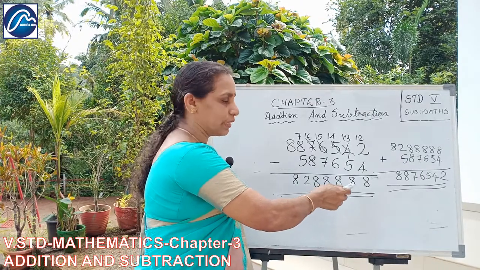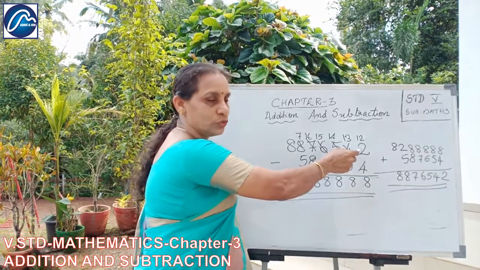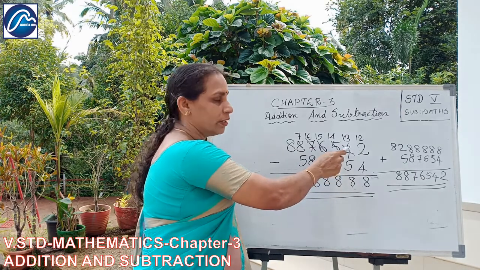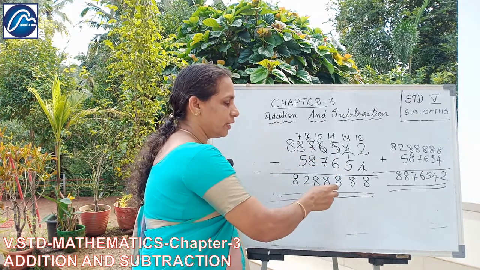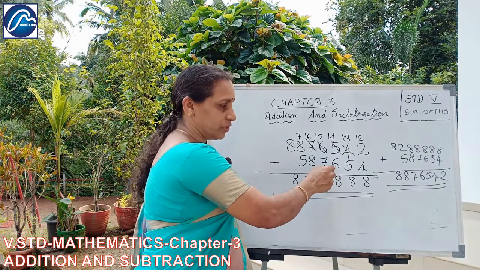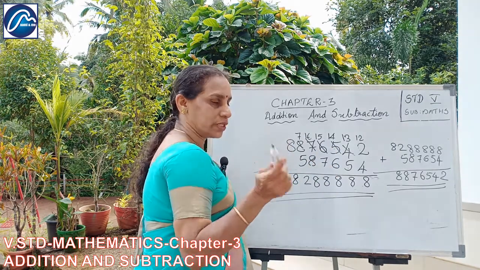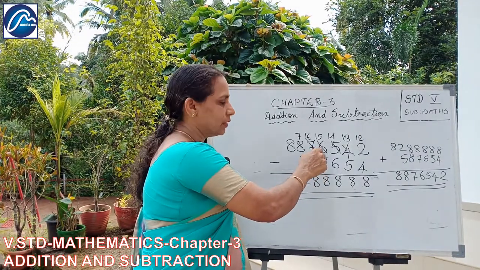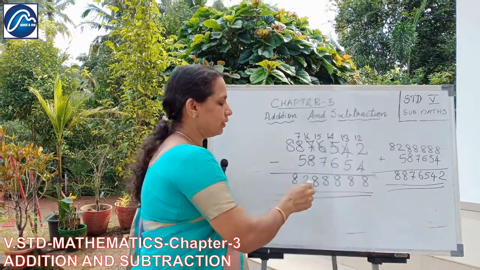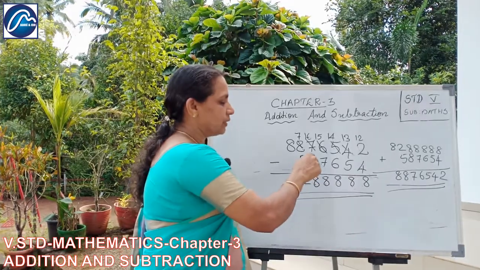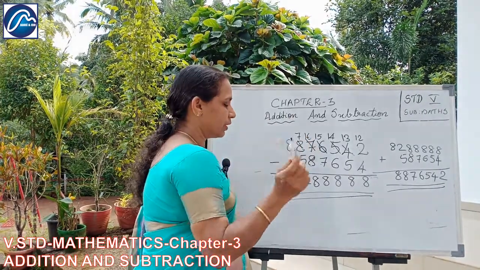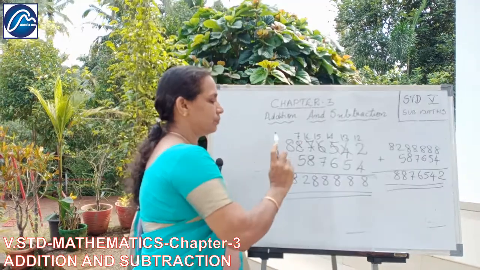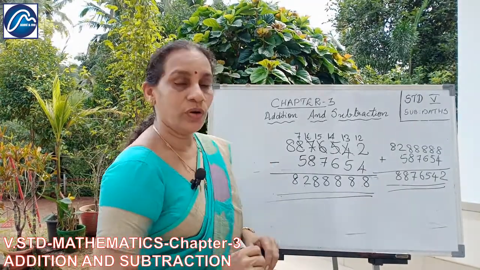That means mental maths. 8 plus 4 is 12, 2, 1 remainder. 8 plus 1 is 9, 9 plus 5 is 14, 1 remainder. 8 plus 1 is 9, 9 plus 6 is 15, 5, the 1 remainder. 8 plus 1 is 9, 9 plus 7 is 16, 6, the 1 remainder. 8 plus 1 is 9, 9 plus 8 is 17, 7, 1 remainder. 2 plus 1 is 3, 3 plus 5 is 8 and 8. This is the answer. Okay.